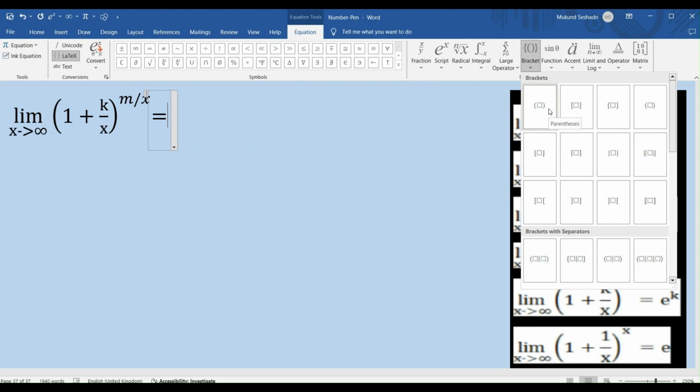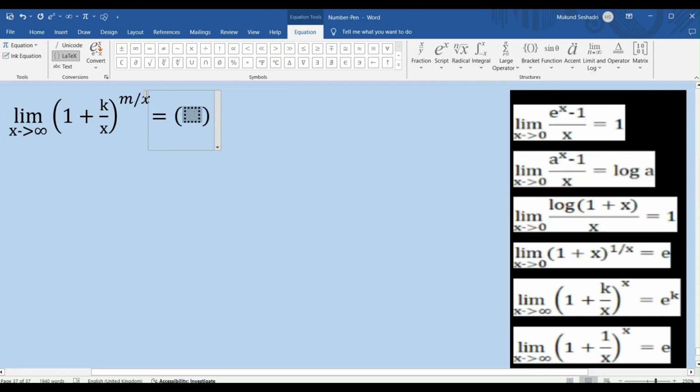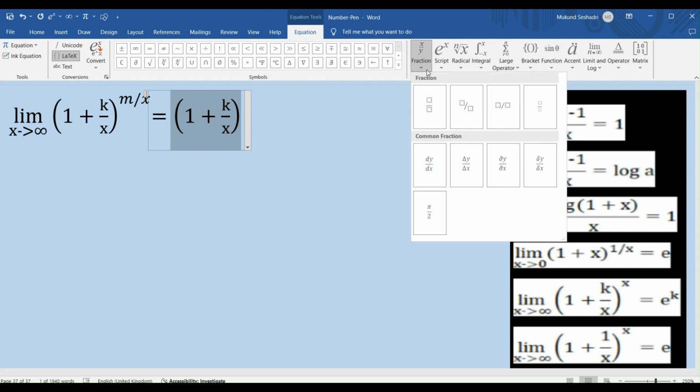So I'm going to bracket this and rewrite this, give me a minute. k by x, right? And I have m divided by x, right? So what do I do? I multiply it by an x.